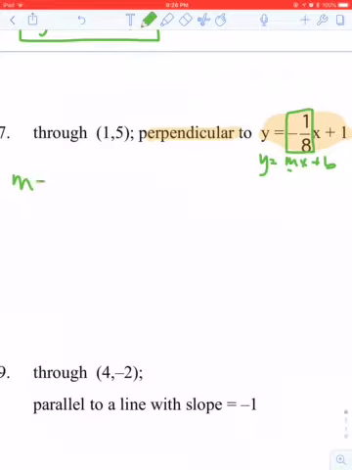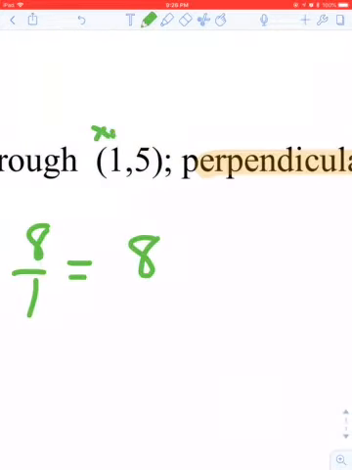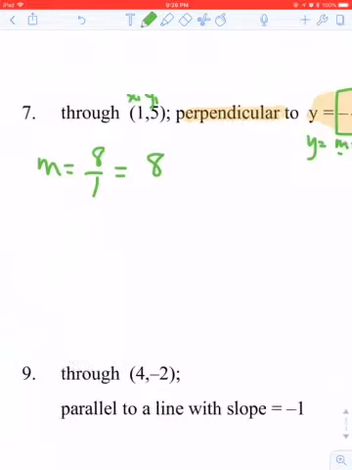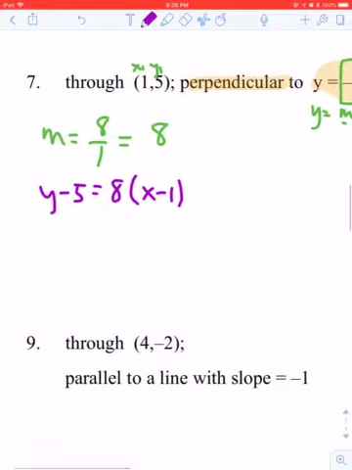That means the slope that you need is, first thing we need to do, flip the fraction, 8/1. And it's negative, so we're going to change it to a positive. You know, 8/1 is 8. Here's your x1, here's your y1. So y minus 5 is equal to 8(x minus 1).